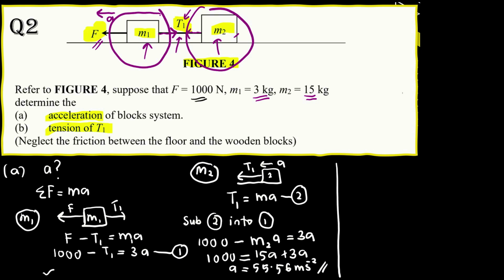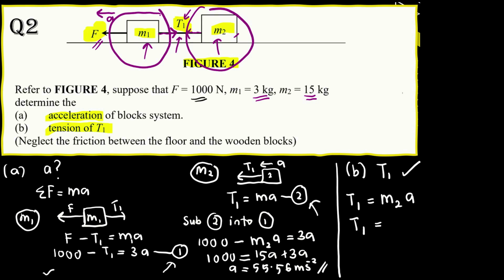For the next question, question B, we want to find the tension T1. To solve this one, we can use equation number 1 and also equation number 2. I choose the shorter one, so I choose T1 is equal to M2a. We have got a from the previous question.